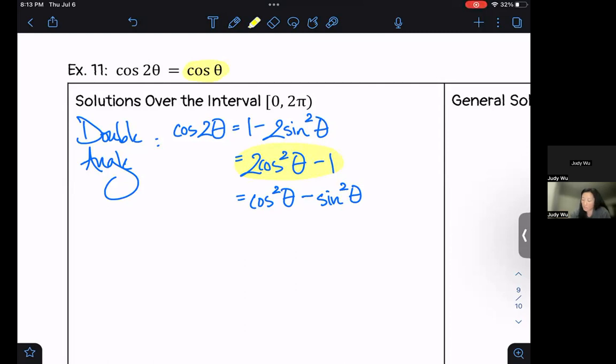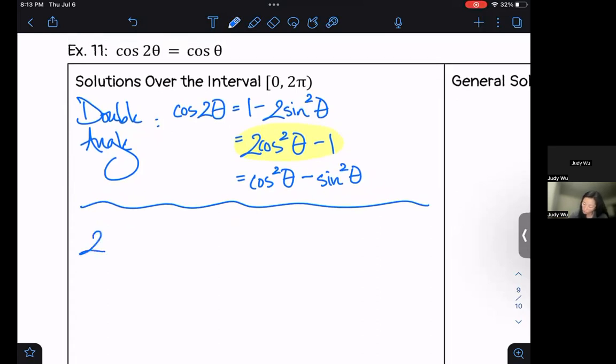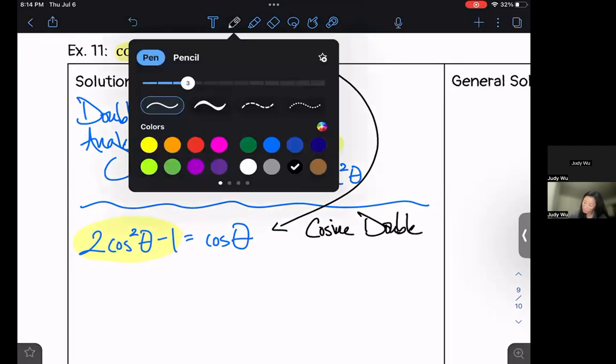I'd rather not introduce anything with signs in it, because that just might make things a little bit worse, okay? So my first step is going to be this. 2 cosine squared theta minus 1 equals cosine theta, okay? So in other words, I'm taking this and turning it into this. And the way that we annotate that is we say cosine double. Okay.